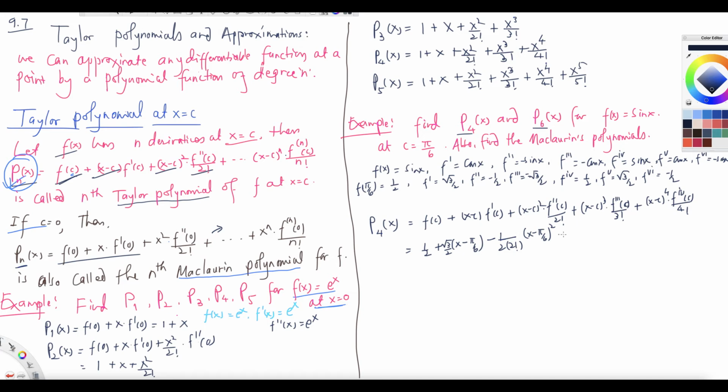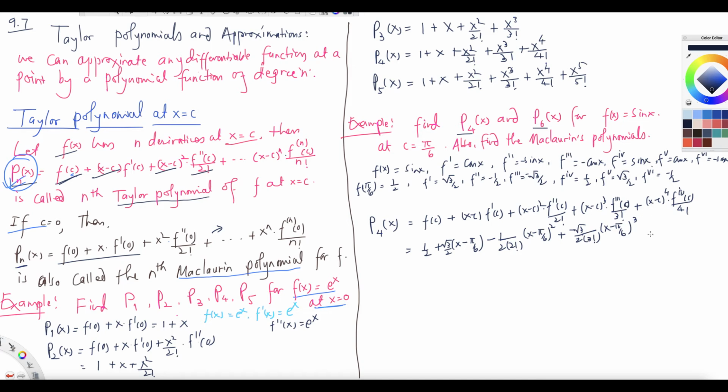The third term. Plus the fourth term will be, what is the f triple prime? That is negative root 3 over 2, right? So you can write negative root 3 over 2 times, that is 3 factorial. You see that? And then what is x minus c? That is (x minus pi over 6) cubed. And then what is the next?